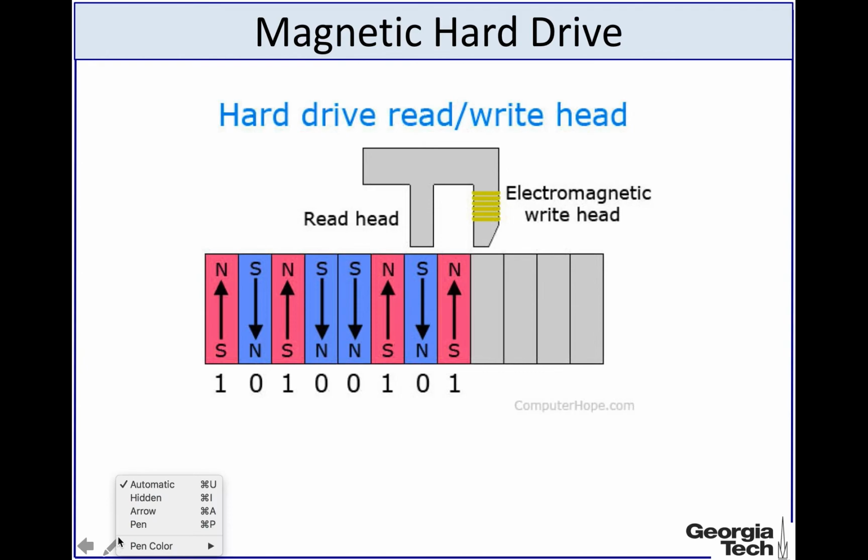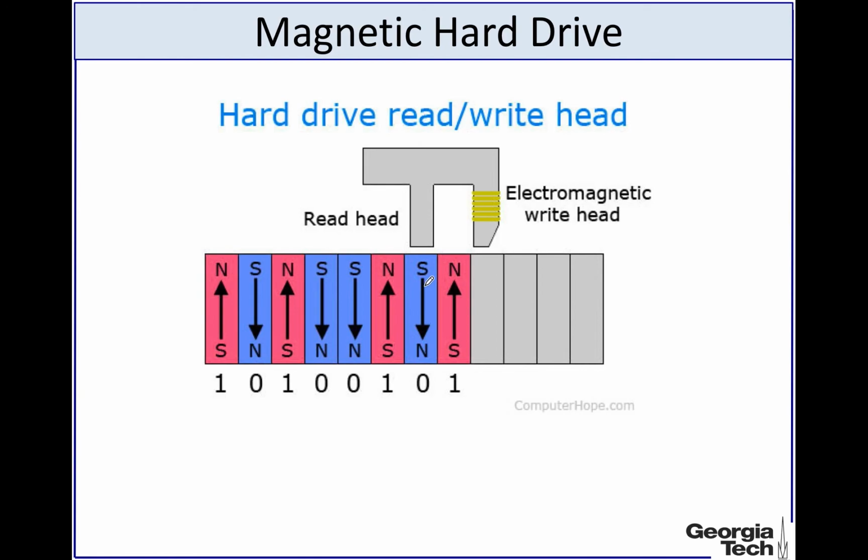On the other hand, the same head can actually read the orientation of the domain, and the way it does is when it comes close to this domain while reading, it can either sense the magnetic field that is created by the domain, or it can read the orientation of this domain by a physical mechanism called giant magnetoresistance.